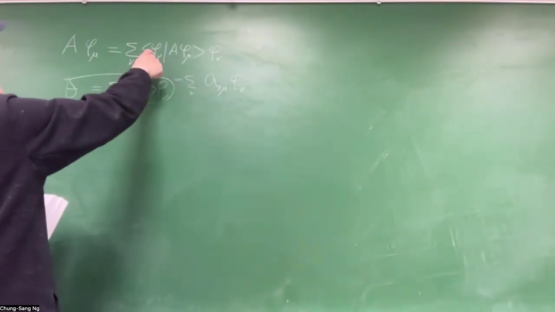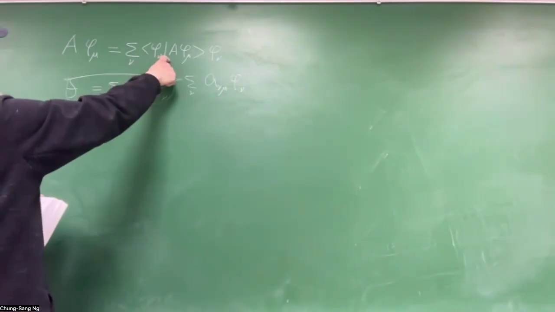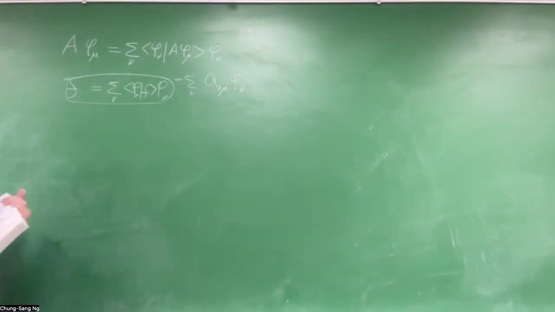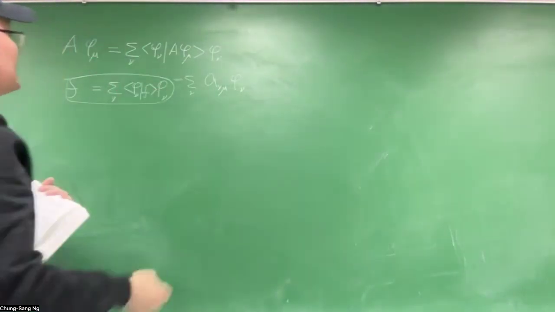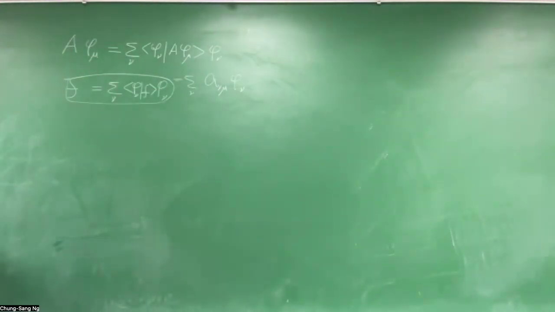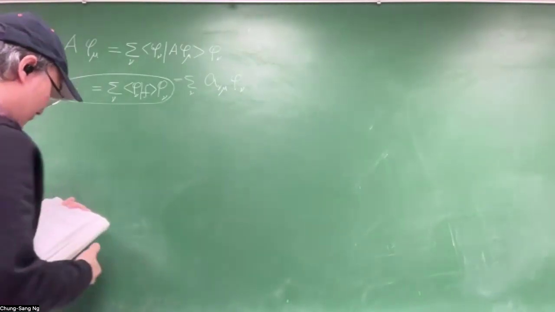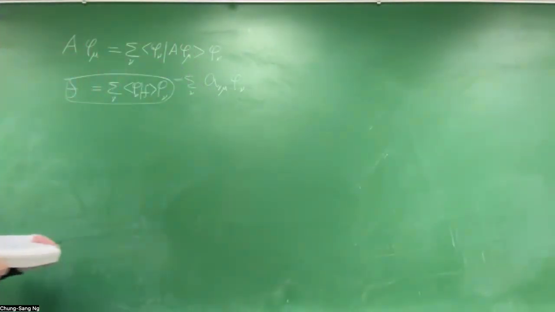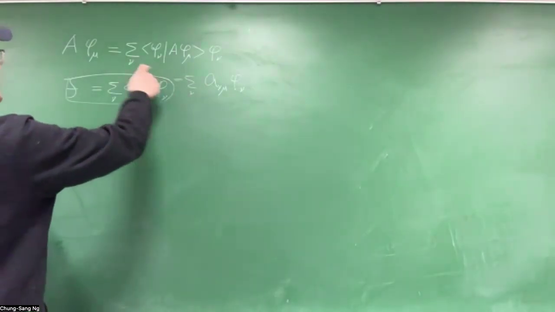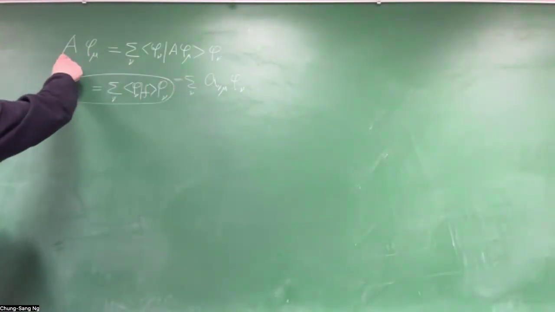It represents the scalar product of phi nu and the operator A acting on phi mu. That's one way to look at it. So this is the operator acting on one basis vector.